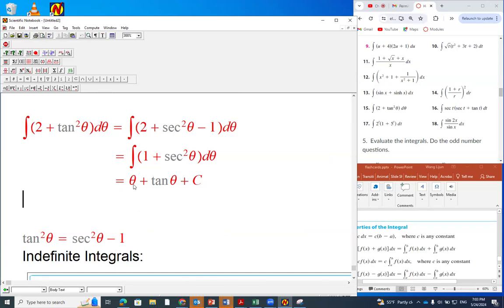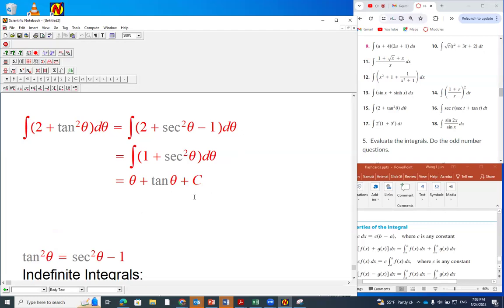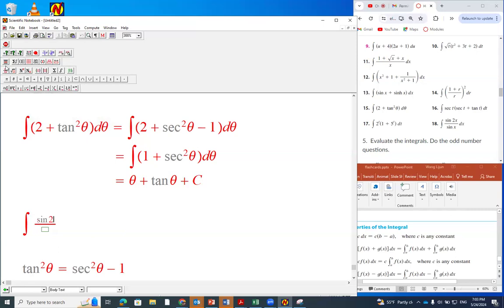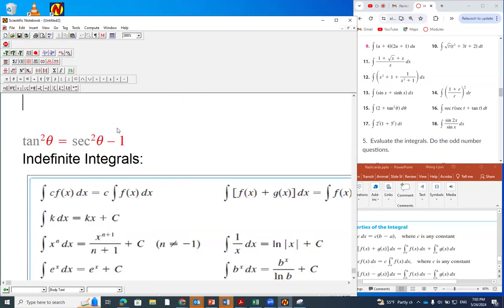All right. Last but not least, I wasn't planning to do a lot of even numbers because I won't be putting them on the exam, but just do this number 18, because it's going to be a quickie. Okay, so this is going to be the integral of sine 2x over sine x dx, indefinite integral.